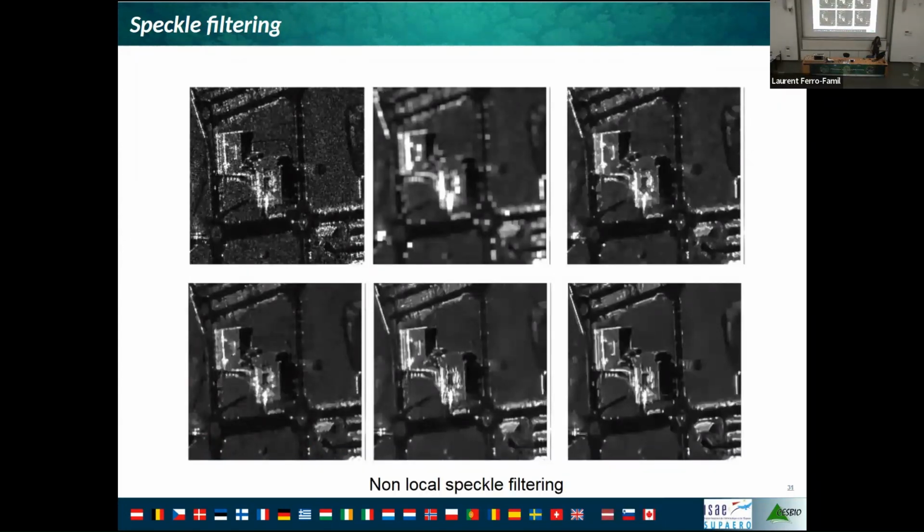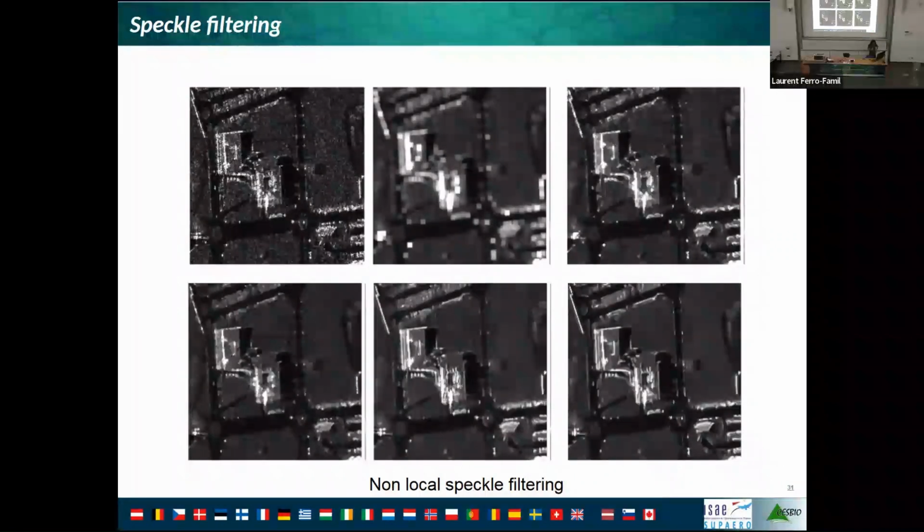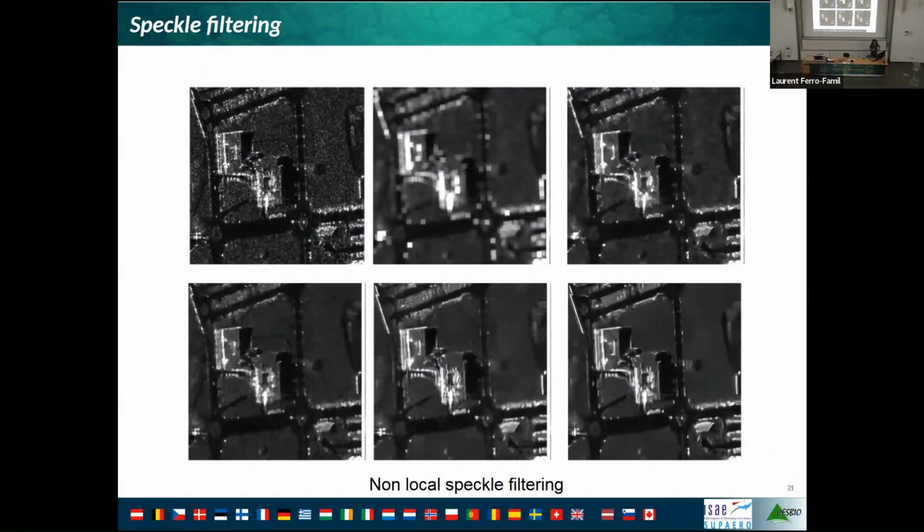And to finish this overview of speckle filters, these are examples you can find on the website of a French guy who designed some non-local speckle filters. It's Charles Deledalle in Bordeaux. You can visit his website. It's very interesting, and he gives examples of filtering results, very advanced ones, which are excellent for built-up environments and complex scenes.